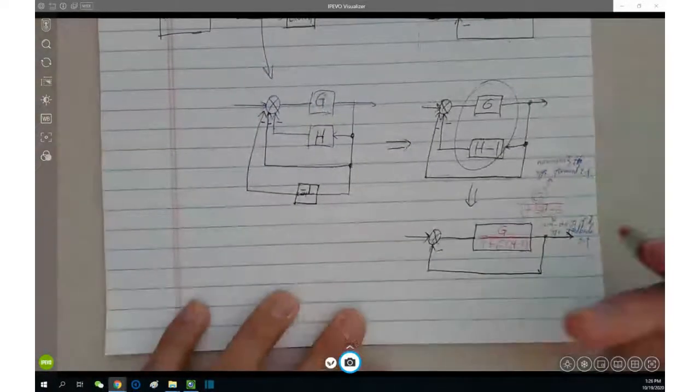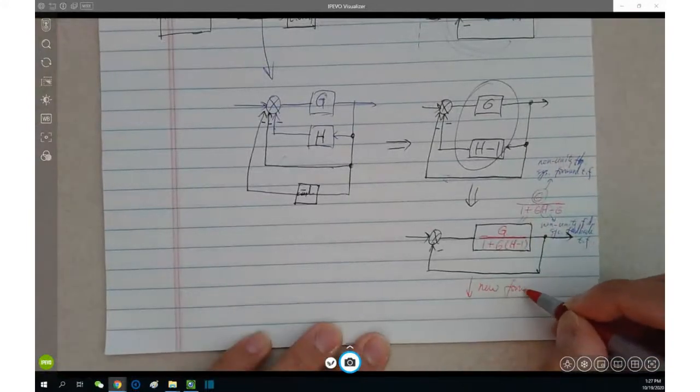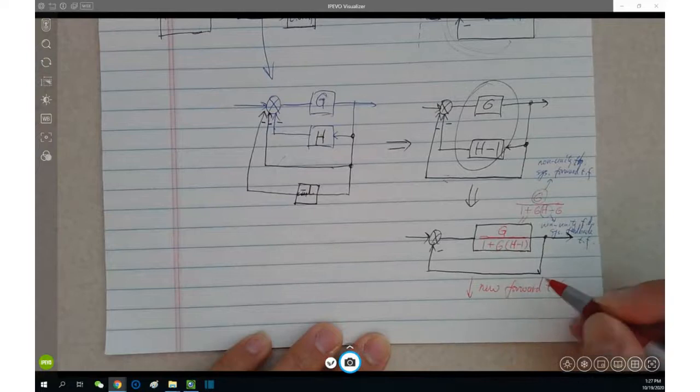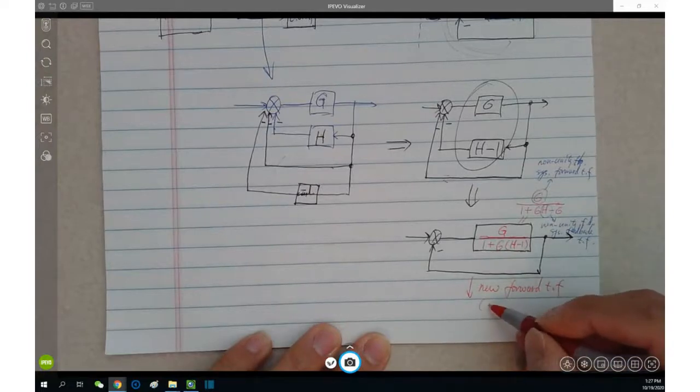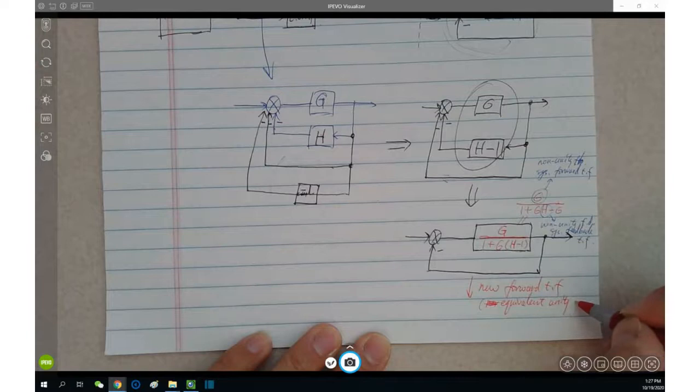Then obviously, what is the new forward transfer function? In other words, who is the equivalent unity feedback system forward transfer function for the non-unity system?